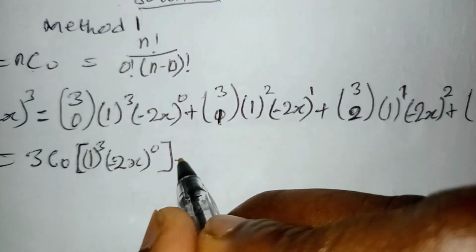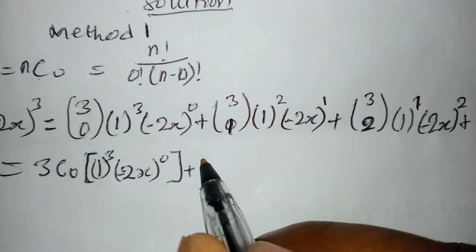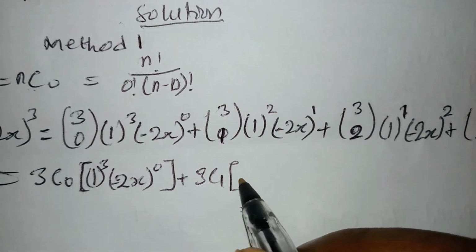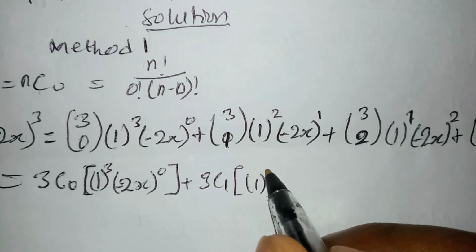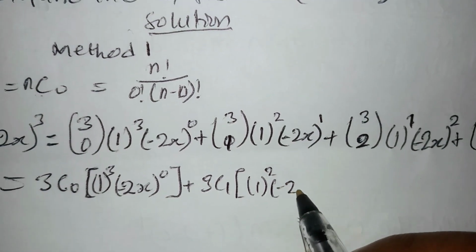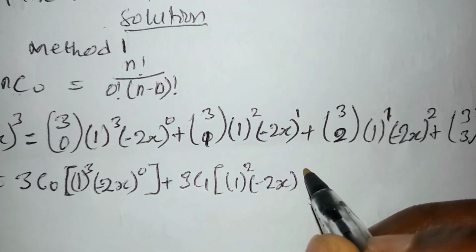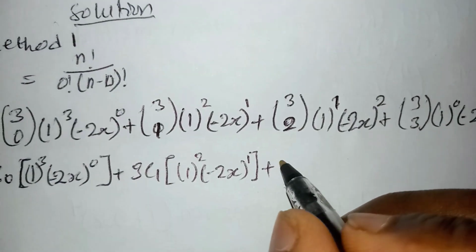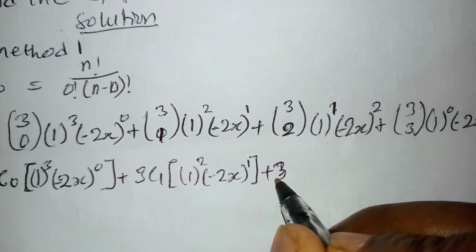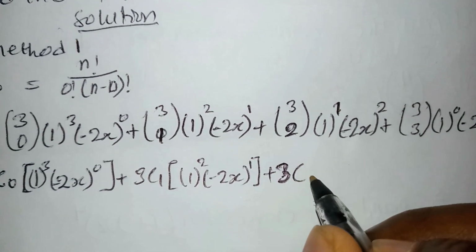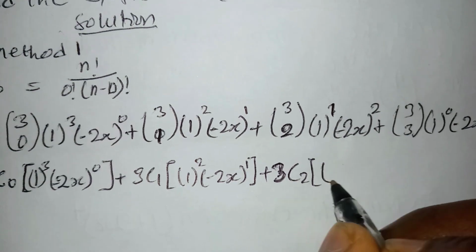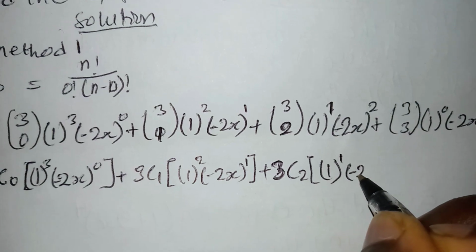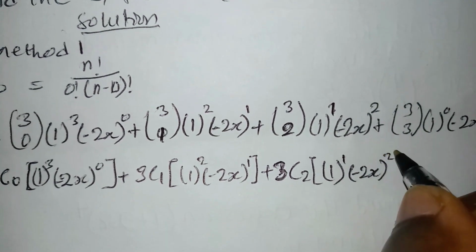Then I have here plus 3 combination 1 multiplying with 1 exponent 2 times negative 2x exponent 1, plus the next term, 3 combination 2 multiplying with 1 exponent 1 times negative 2x exponent 2.